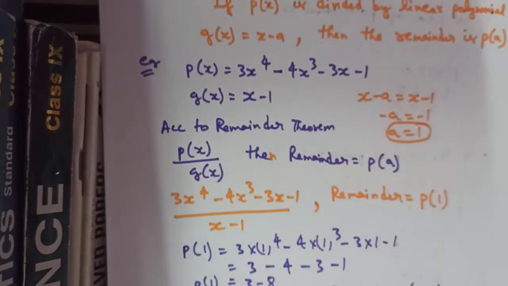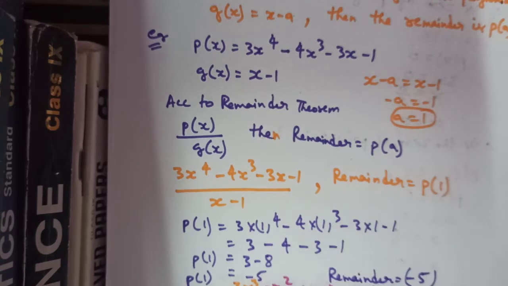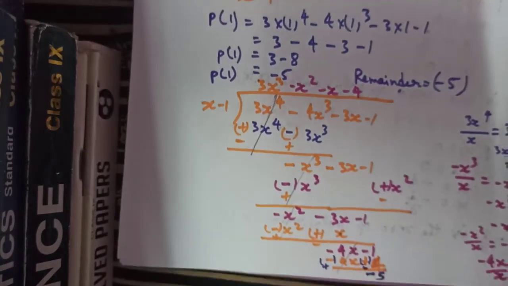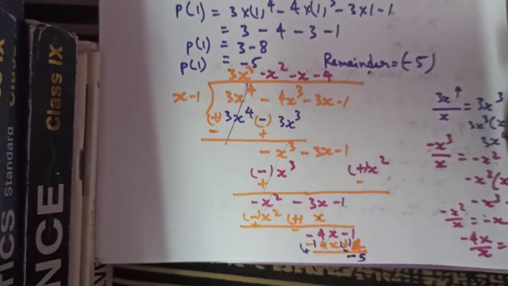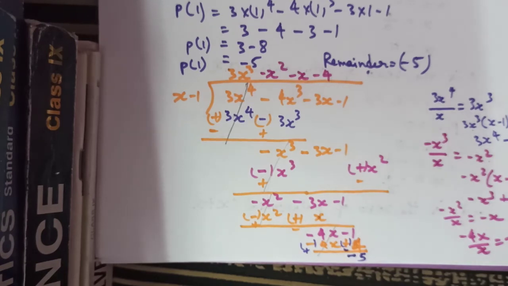So hence we have verified here, by remainder theorem we have calculated the remainder as minus 5, and we have performed the long division also to check. After performing long division also we are getting the remainder as minus 5. So in this way the remainder theorem is verified.